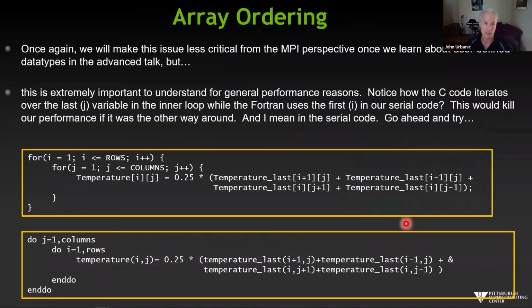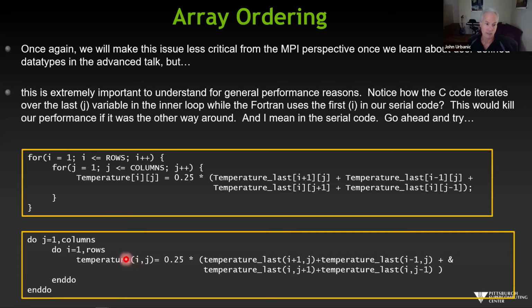In other words, if you look carefully, you'll notice that the innermost loop of our temperature code for C is this J index here, the last index, because in C you want to iterate over J, and then your next loop out will be I, and if it was three-dimensional and we had another loop out here, it would go in this order. In Fortran, our innermost loop is actually I, the first index.